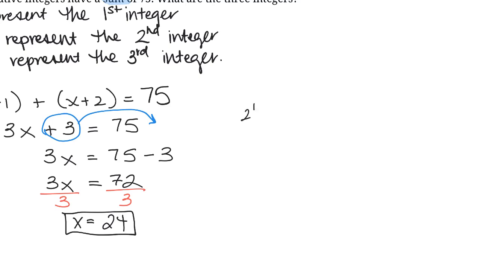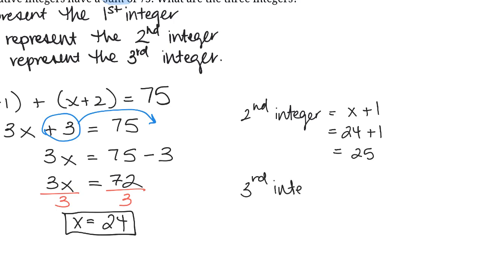The second integer is x plus 1. So 24 plus 1 is 25. And my third integer was represented by x plus 2. So I know x is 24, so x plus 2 would be 26.